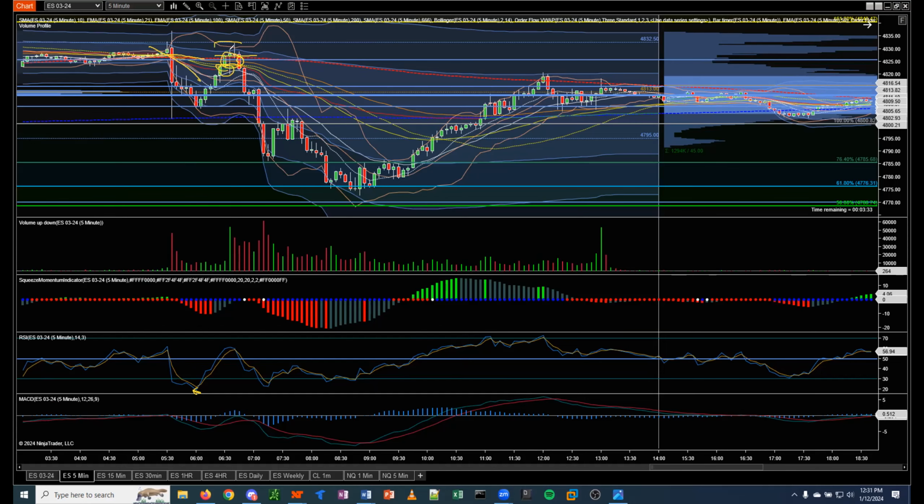Creates a lower high right here, and another lower high right there. And then it breaks the 50. Then you got the MACD cross right there. So it breaks the 50, you get the MACD cross, and you got that lower high, and it broke that line that I was telling you about.